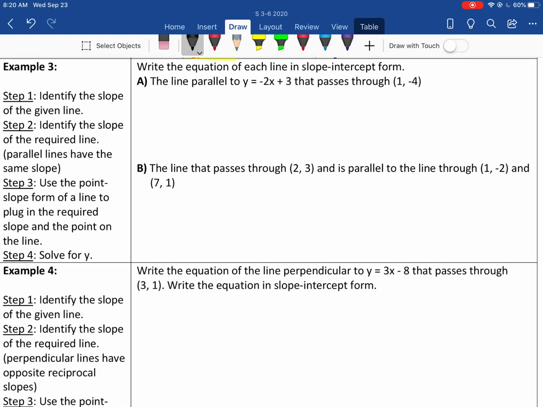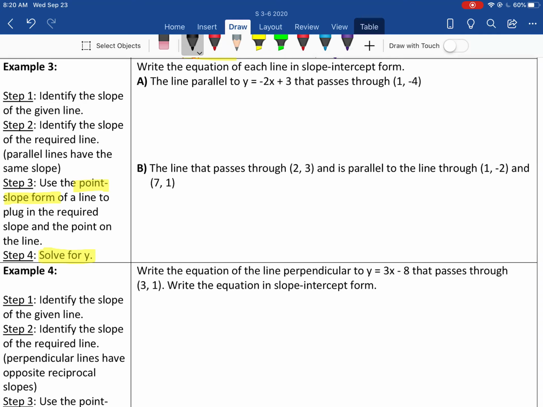When we look at the directions, it says identify the slope of the given line. Identify the slope required. So we're either going to have the same slope or perpendicular, opposite reciprocal slopes. And then we're going to use point-slope form of the line, plug in our required slope and point, and then solve for y.